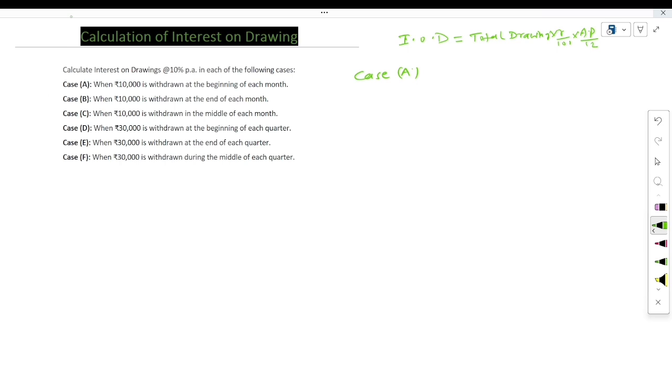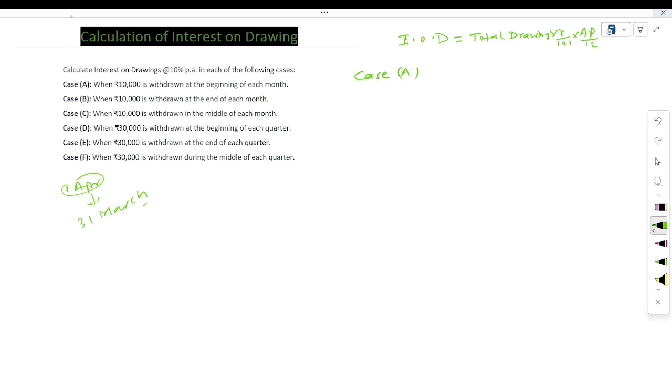So here, when 10,000 is withdrawn at the beginning of each month, suppose your financial year starts from 1st April to 31st March. Now what would be your beginning?